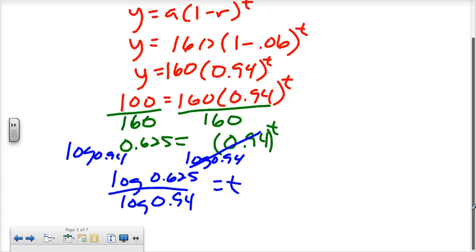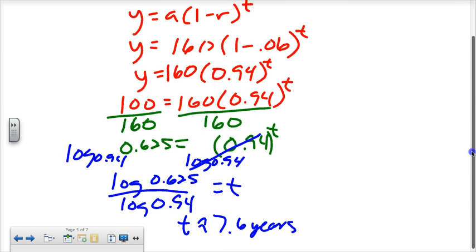So punching it in, logarithm of 0.625 parentheses divided by logarithm of 0.94 parentheses. And it's 7.59596, so the time would be approximately 7.6 years.